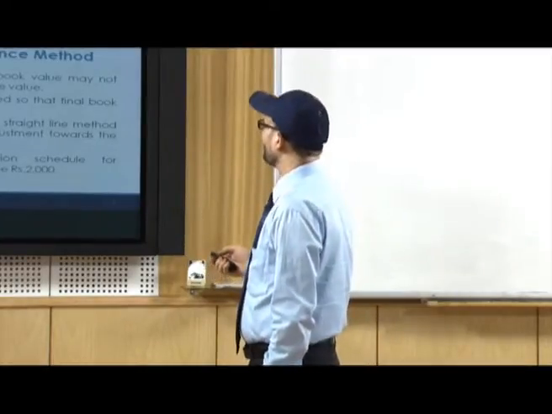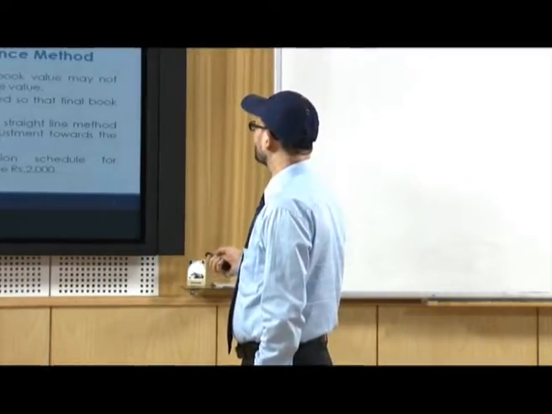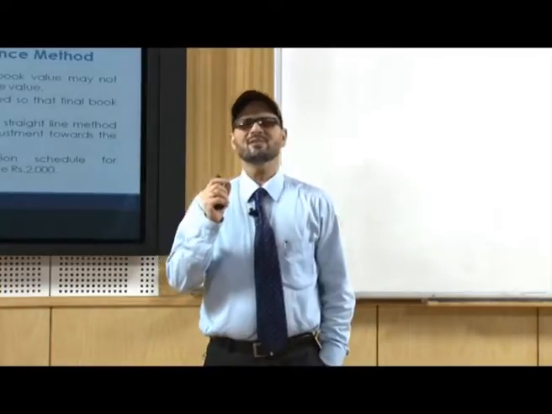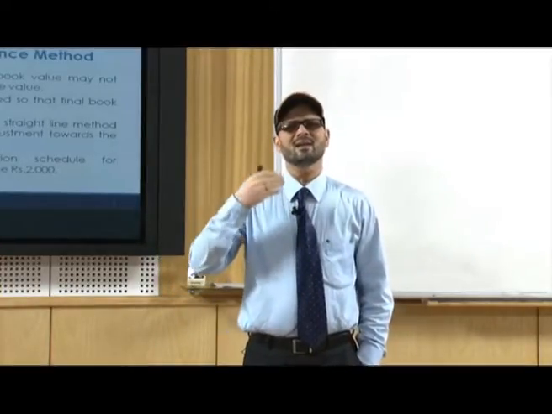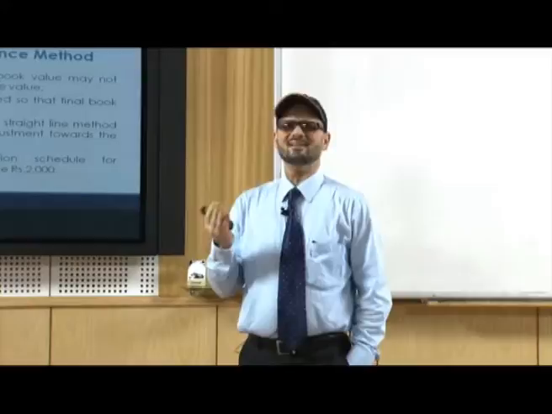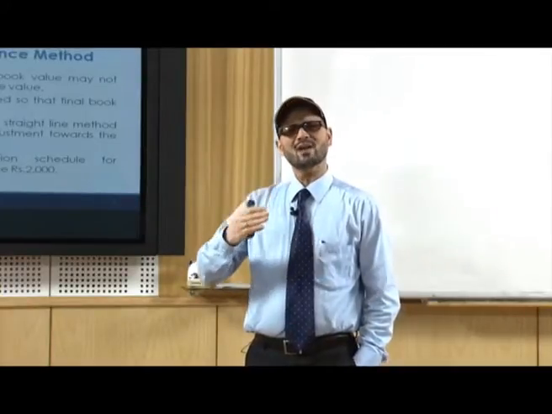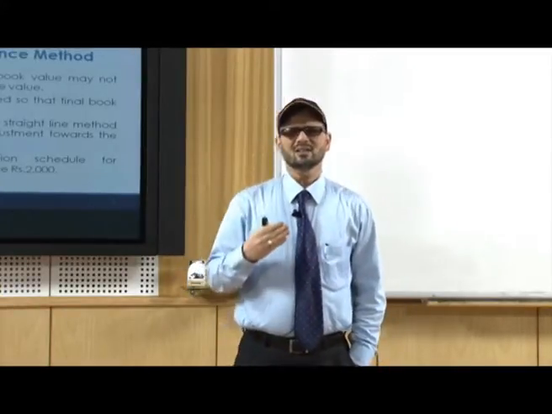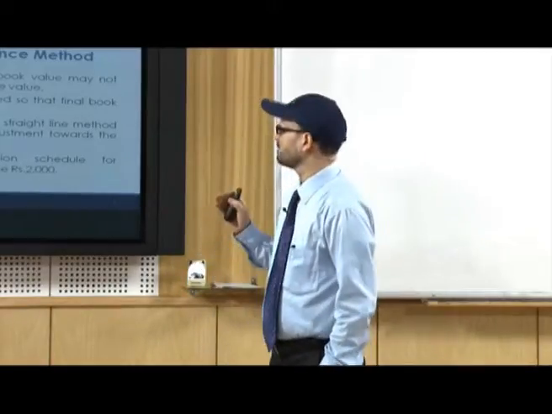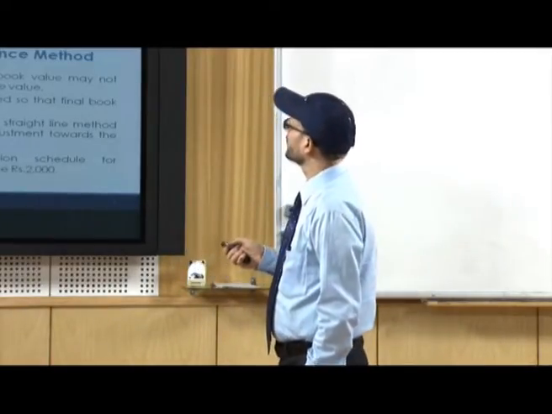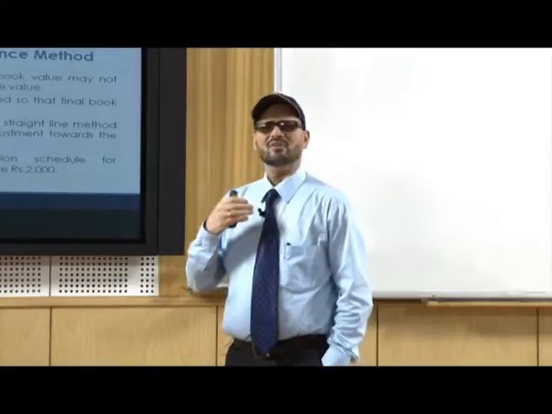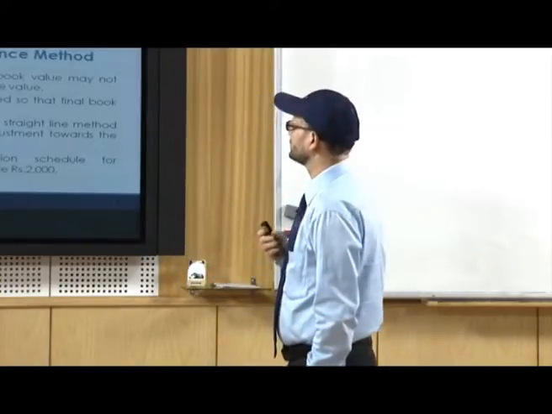Now, in many cases you will not get the 778, you are given a salvage value other than 778. So, you cannot get the same value using that DDB method.